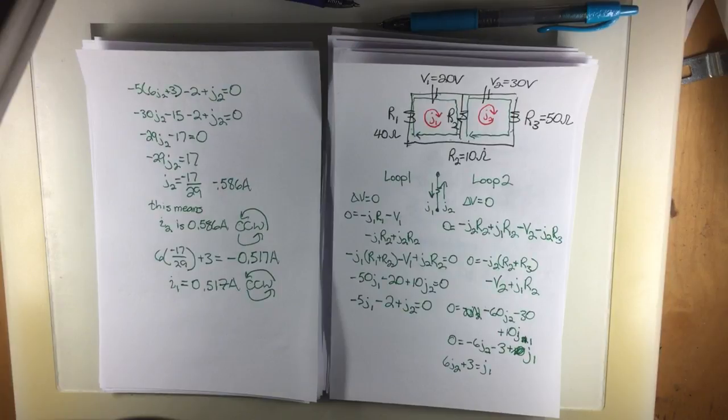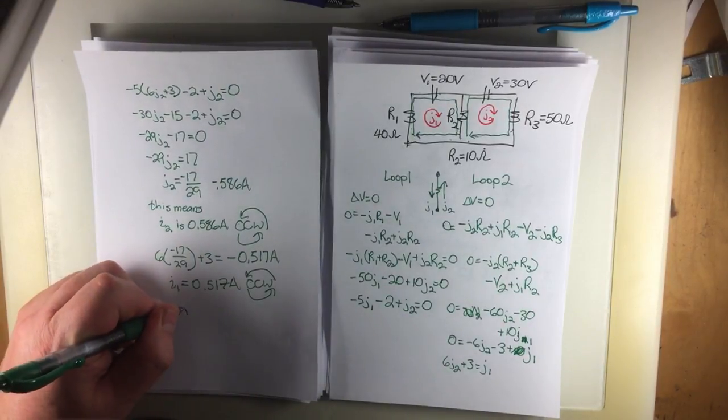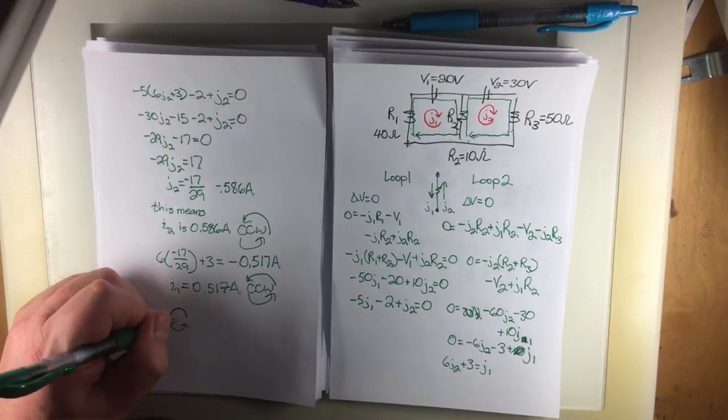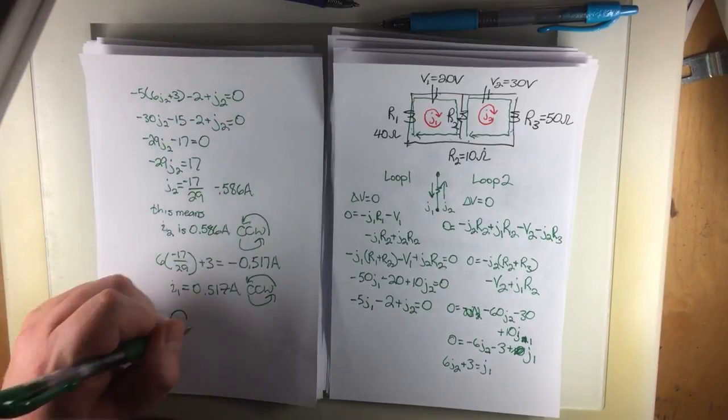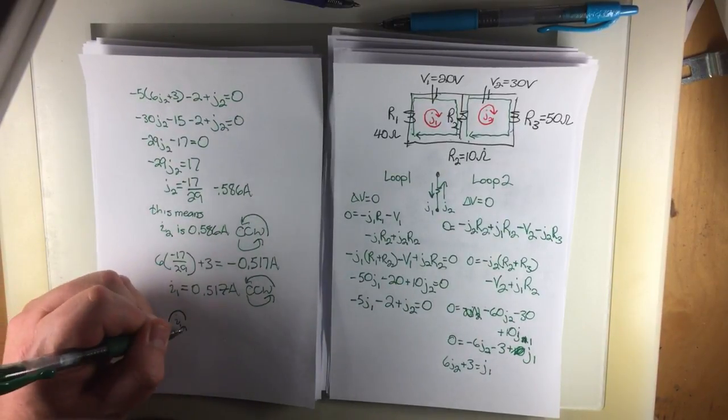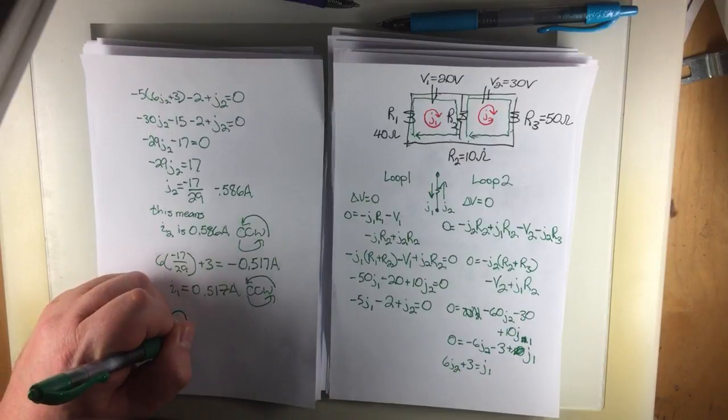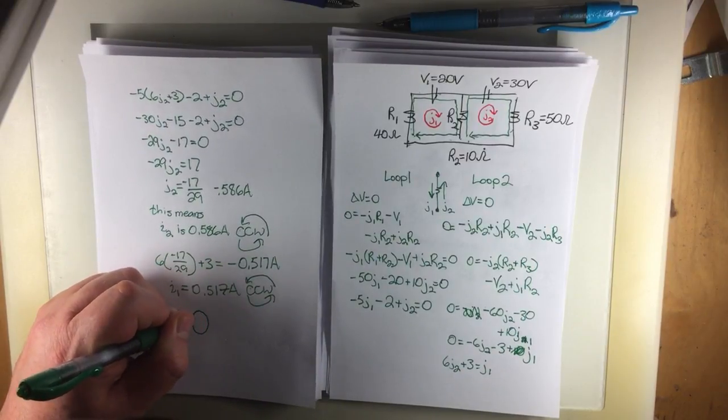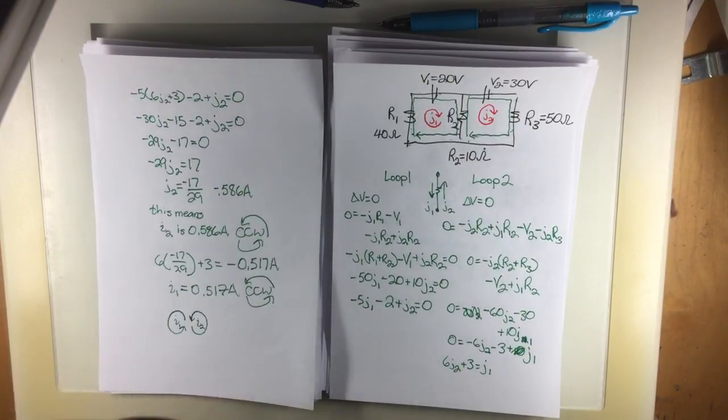Since both are negative, I1 is going counterclockwise like this. J2, or I2, is also running counterclockwise, so I write it like that.